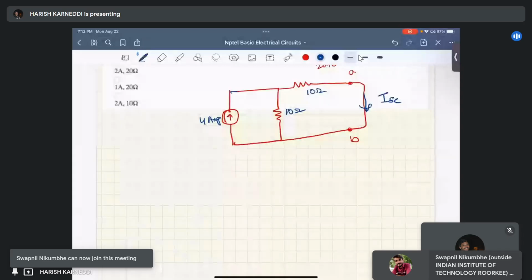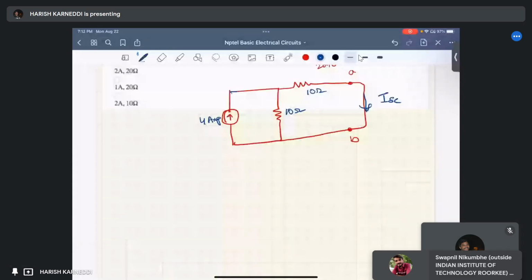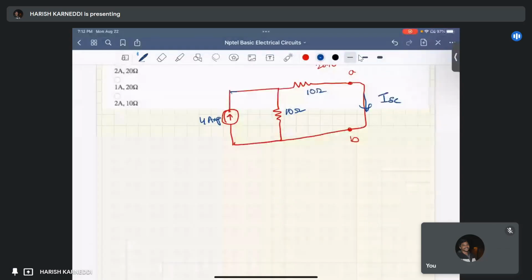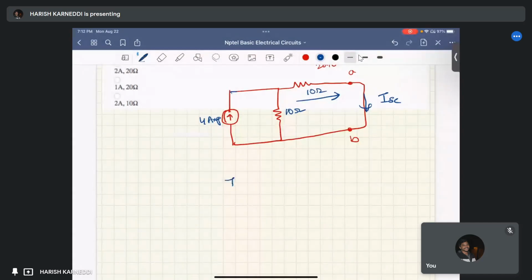Now we can apply the current divider rule, right? What is the current divider rule? We want to find the current through this branch. Let us suppose ISC equal to the total current, that is 4 amperes, into the opposite resistance.